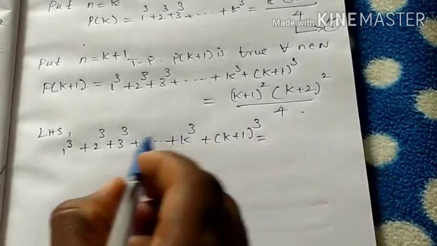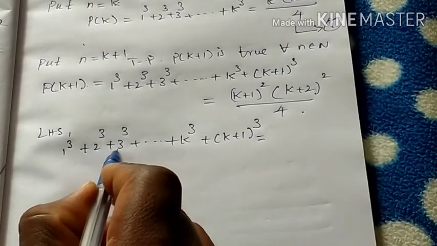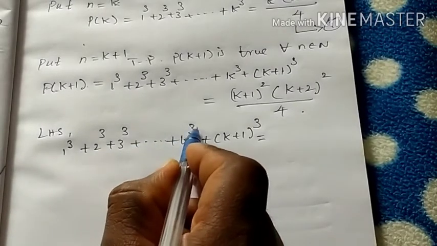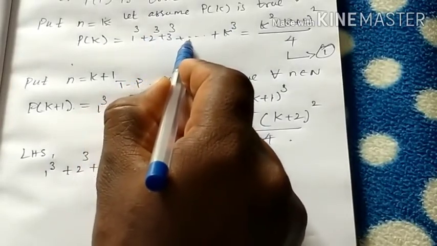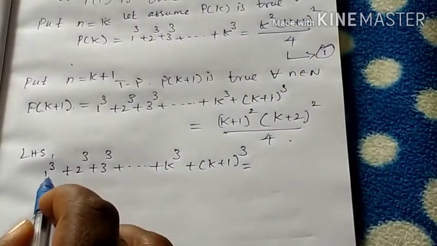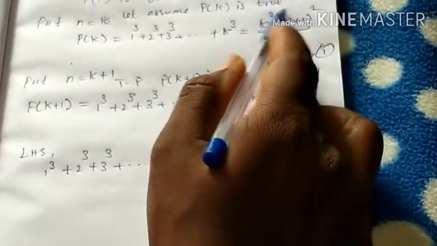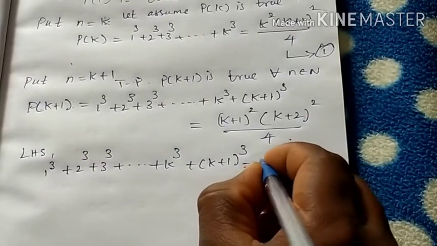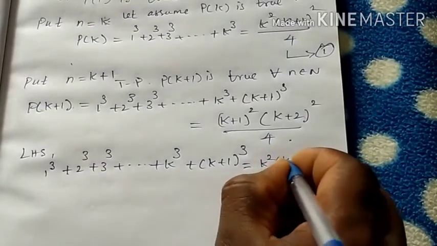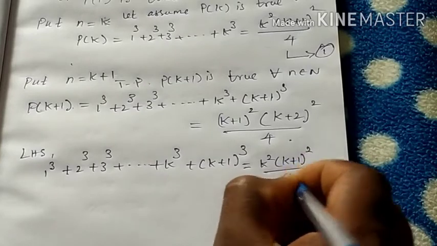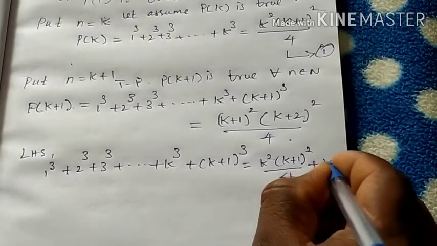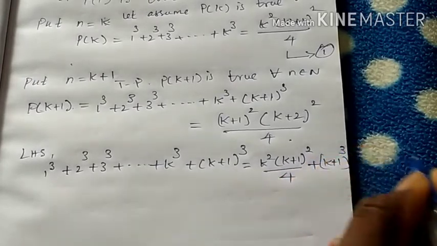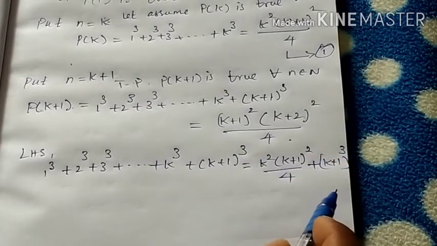The sum 1 cube plus 2 cube and so on up to k cube equals k squared into (k plus 1) the whole squared divided by 4, by our assumption. Then the remaining term is (k plus 1) the whole cube. Have you understood this step?